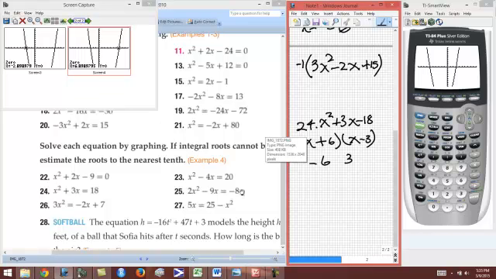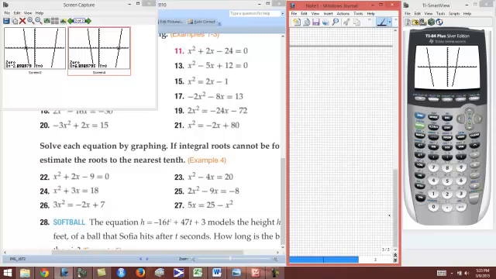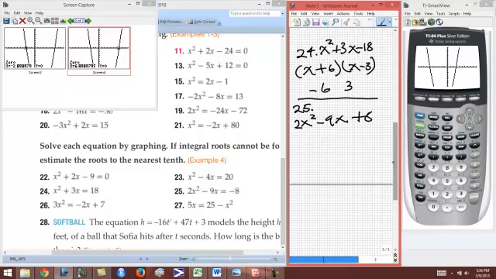Okay, let's look at 25. Let's see if it factors first. We've got 2x squared minus 9x plus 8. So we're going to have a positive 16. Let me make some space here. We're looking for factor pairs of negative 16 that combine to equal negative 9.